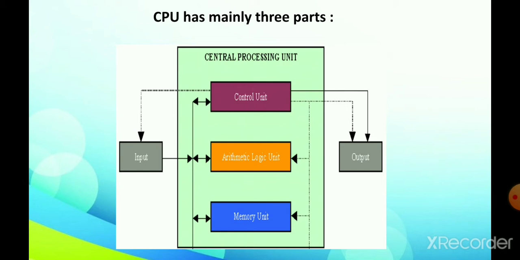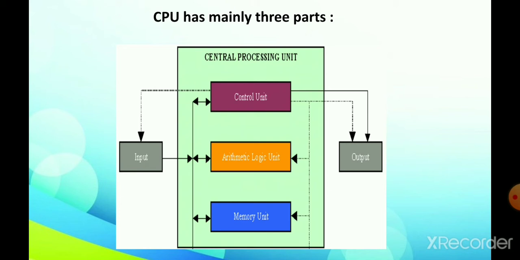Memory unit. This unit stores information temporarily or permanently according to our need. An arithmetic and logical unit. This unit performs all arithmetic calculations and logical operations. So these are three main parts of a CPU.